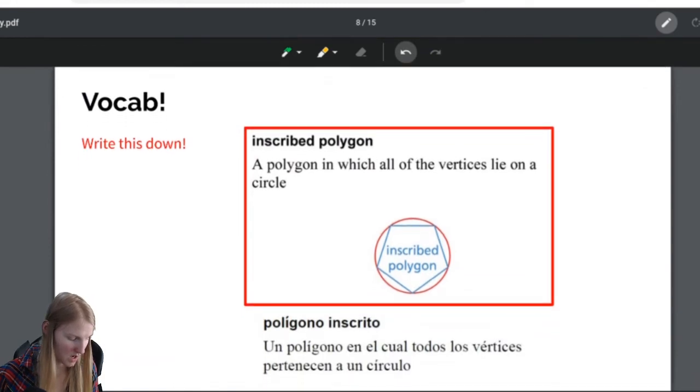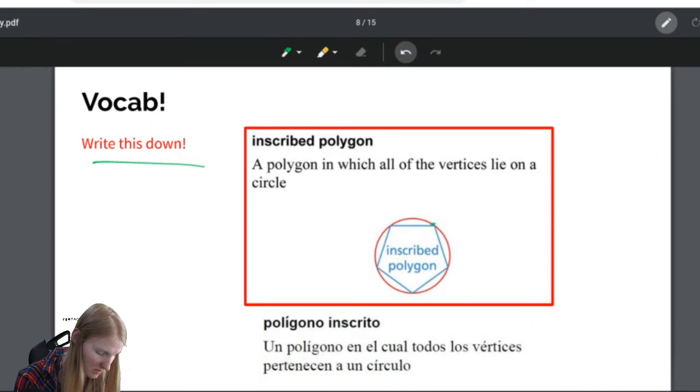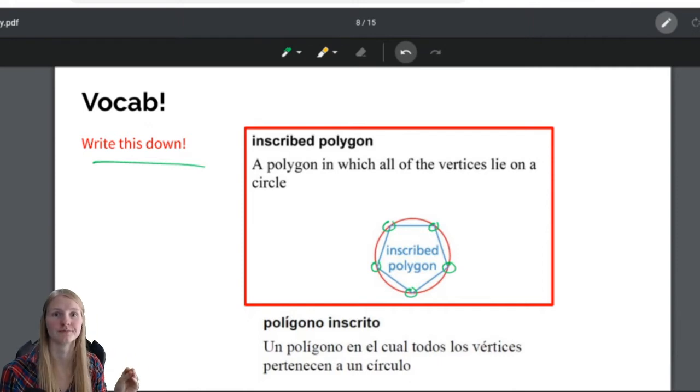Alright. Our learning target talked about needing to know what an inscribed angle is and what an inscribed polygon is. So, please put this in your notes, the picture as well. An inscribed polygon is a polygon in which all of the vertices lie on a circle. So you can see here that the corners are all on the outside of the circle.